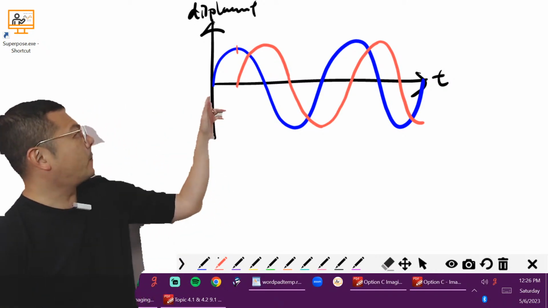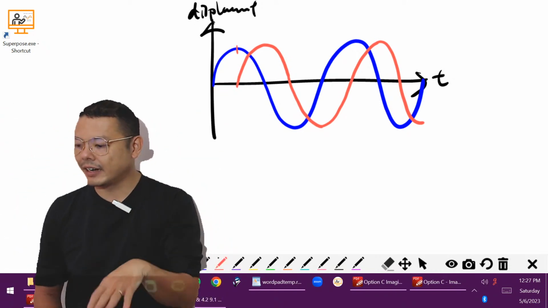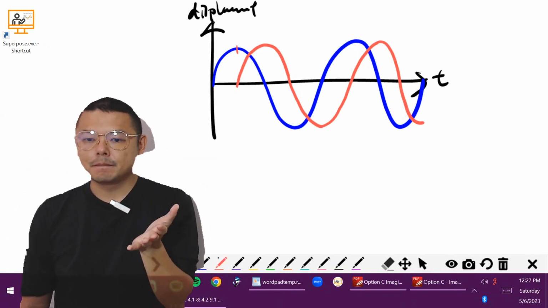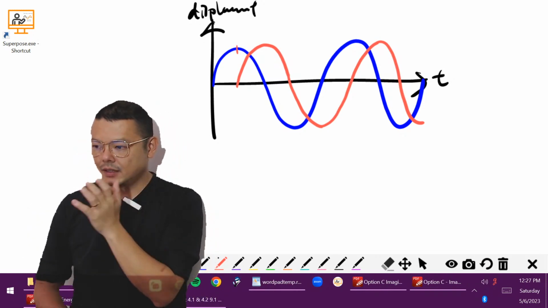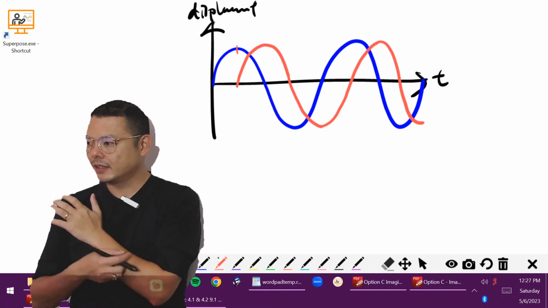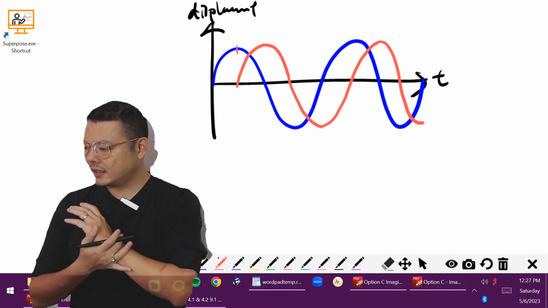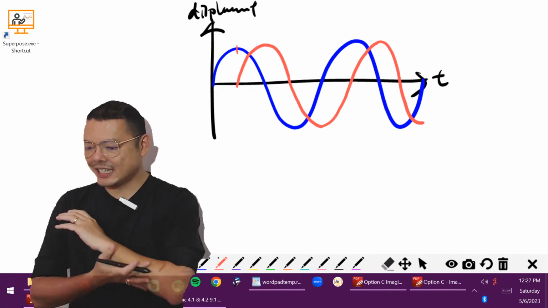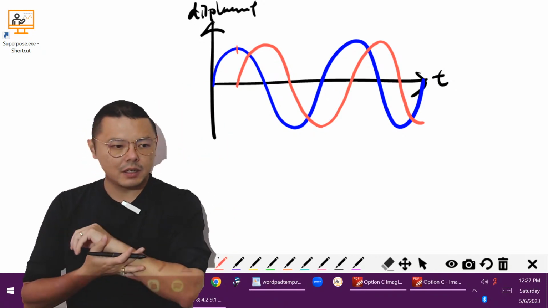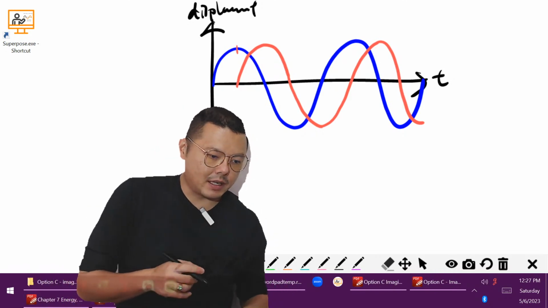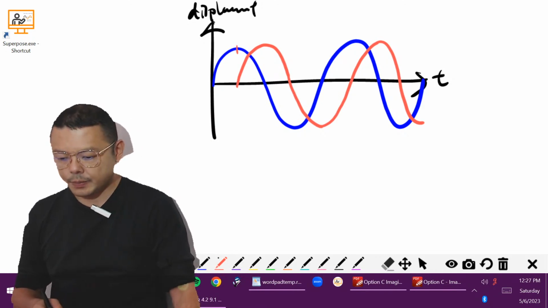Right, so where I start 90 degrees later, I start 1/4 of an oscillation later. 90 degrees, 1/4. Okay or not? So which one is the mirror image? Completely out. Yes, that's right. This one is partially out of phase. All right, we'll come back to this again for waves, but maybe it's a good thing that you learn now.